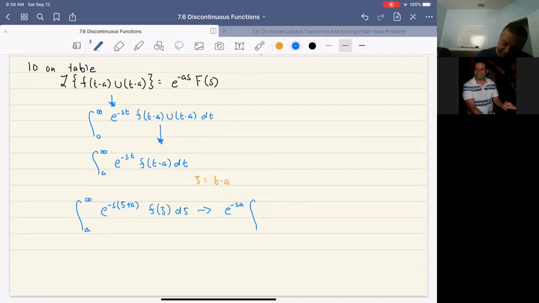Once I make that substitution, this a down here is no longer a, because when t equals a, tau equals 0.